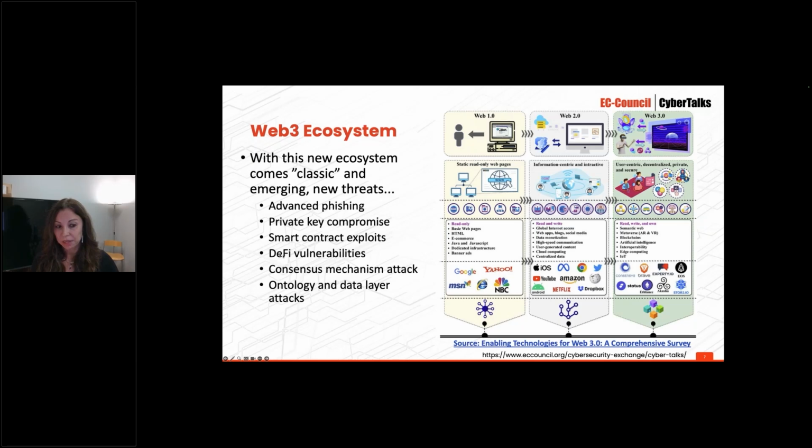There's also decentralized finance, also a term called DeFi vulnerabilities that we'll see that gets introduced into the threat frameworks that we're going to look at.